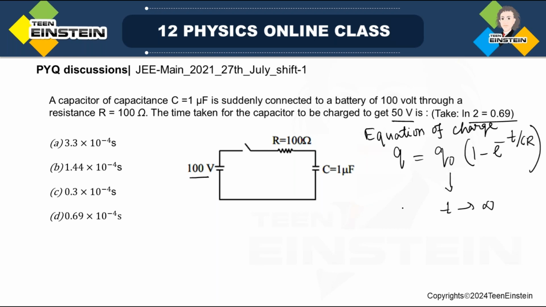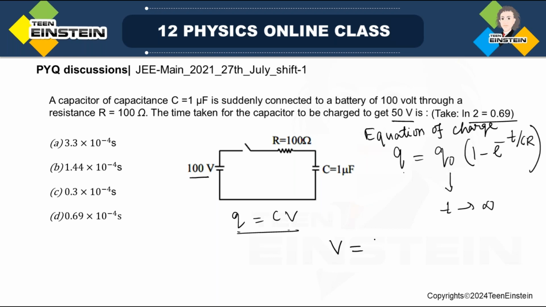Okay, all right. So you have been asked to find out the time when the capacitor will be charged to 50 volt. That means this equation you have to write in terms of voltage. So we know Q is equal to CV, right? That means they will be proportional, isn't it? So I can write the equation of the voltage or the potential difference across the plates of this capacitor with time this way.